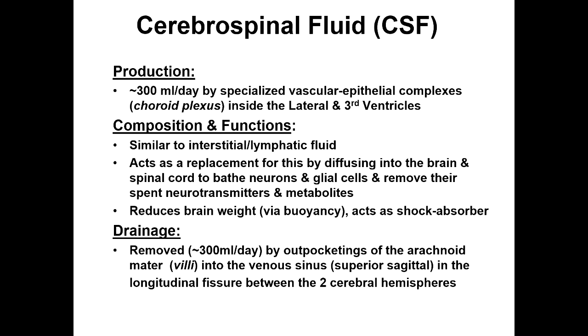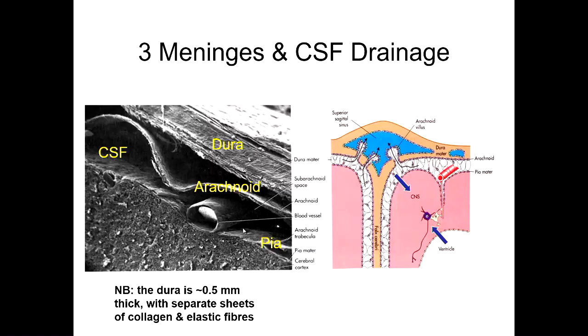You also get rid of about a Coke can of CSF every day, and that process is mediated by outpocketings of the arachnoid mater. Those outpocketings look a little bit like finger-like projections and are therefore called villi that project into the blood that you find in the one particular venous sinus, the superior sagittal sinus between the left and right cortical hemispheres. And this is basically how that is organised.